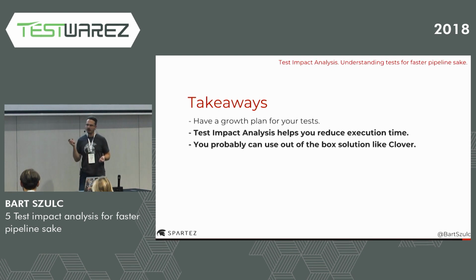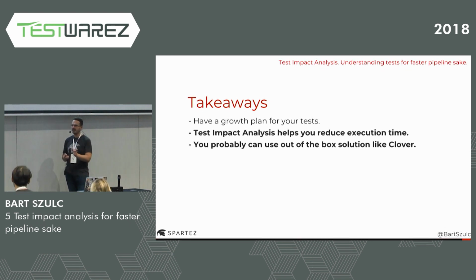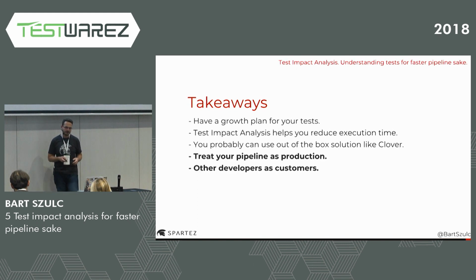And if you look into Clover documentation, you will find out that Clover allows you to optimize tests. Based on the code coverage information it gathers, it can decide what tests need to be run for a given change. So just try, experiment with Clover, see if it works for your code base, and see if you can benefit from it.